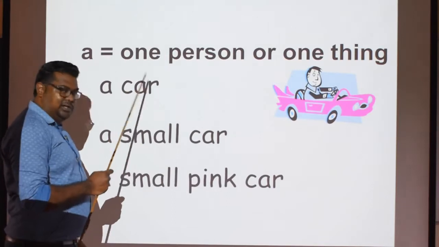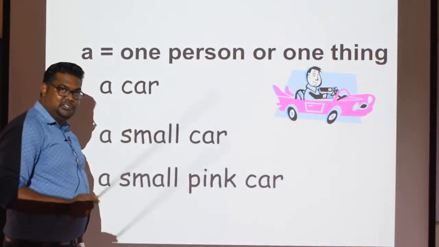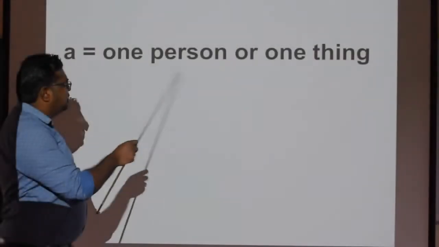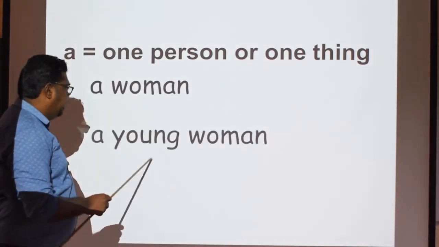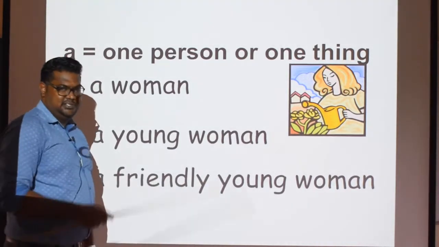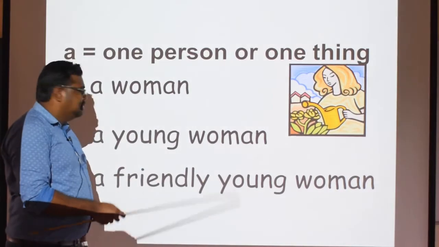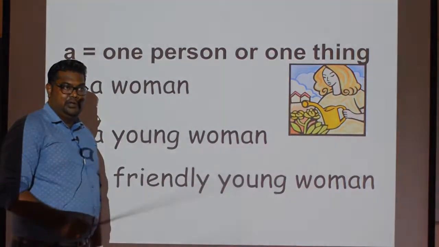That means in all the three occasions, even though the words are different, they refer to one particular car. Similarly, it refers to a person or thing, a woman, a young woman, a friendly young woman, right? Just check out these examples. Even though the words are different, when we use the article a, it refers to one particular person.